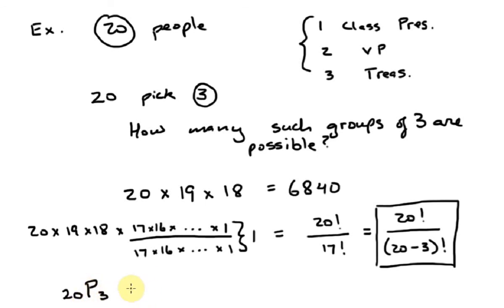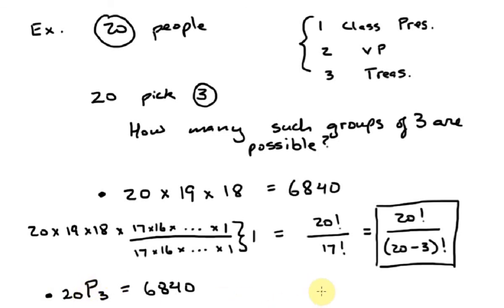And if you look on your calculator, you will see there is a button for that, and it will spit out the answer if you plug it in. Let me see, what is the answer here? Oh yeah, we already have the answer, 6,840. Anyway, this is the fast way to get to that, or an alternative way. There's nothing wrong with your fundamental counting, but this is another way to get there, and sometimes much easier depending on the question.